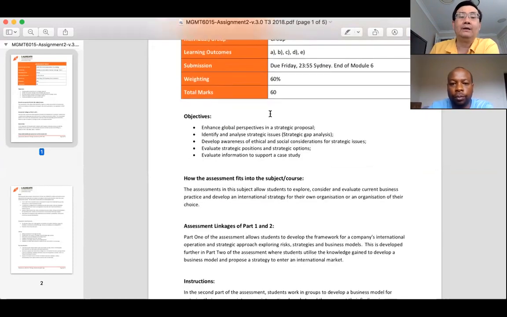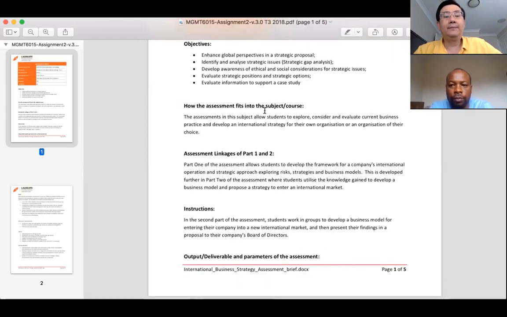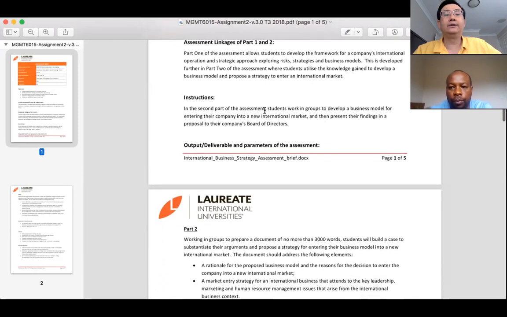Now, these are the objectives that we need to include in our assessments. The main point I'd like to highlight is that we are working in a group, because we need to develop a business model or business strategy to enter a new international market.